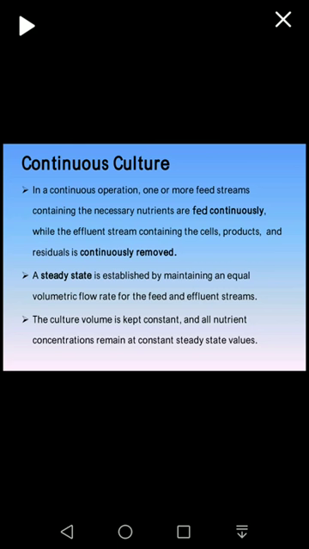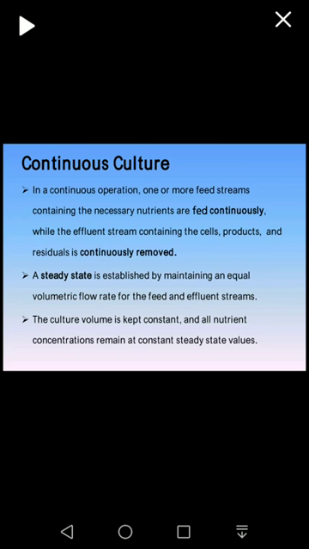The culture volume is kept constant and all nutrient concentration remained at constant steady state values. So it means that the whole volume of the fermentation tank remains constant. For example, it is, let's say, 40 liters, and you are adding 10 liters of the food or medium to the fermentation tank, so it becomes 50 liter.